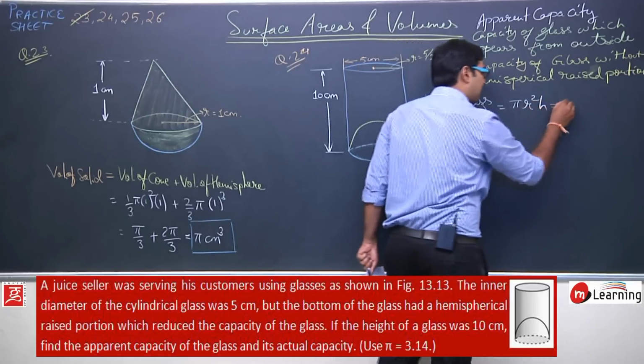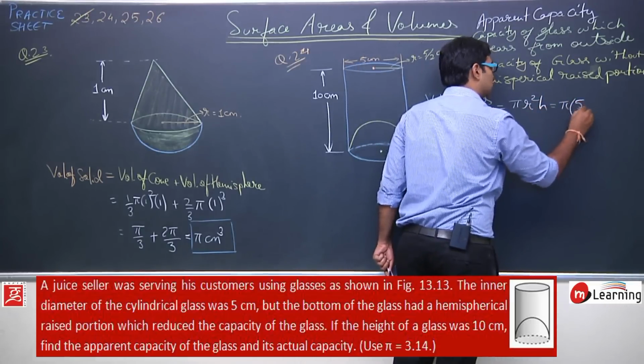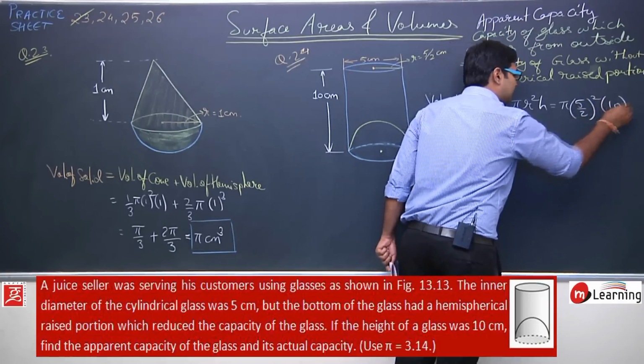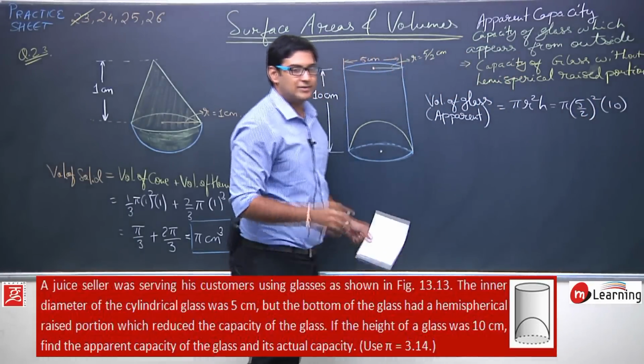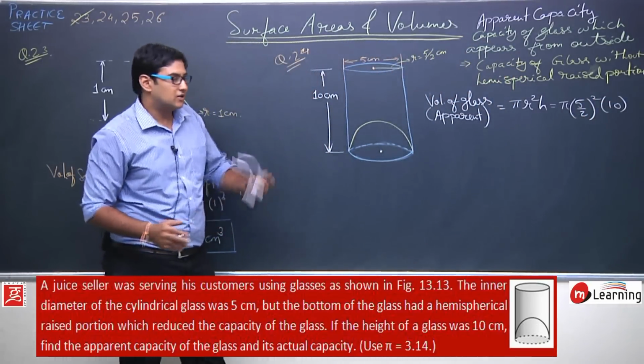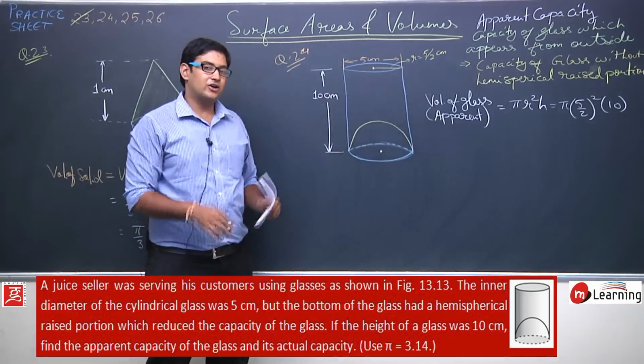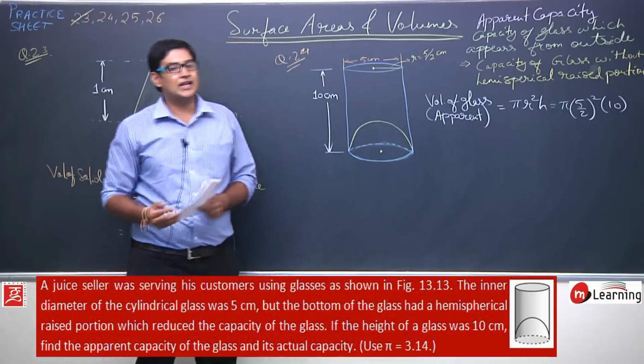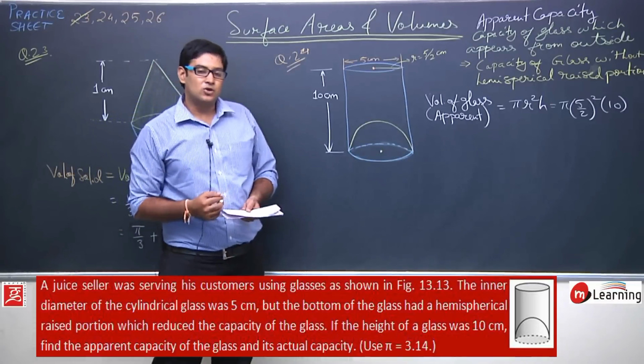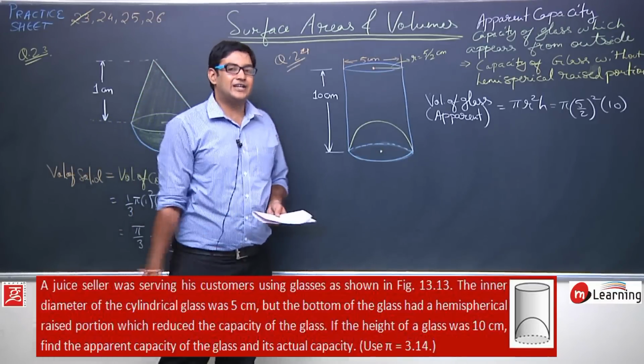That is pi into 5 by 2 square into 10 centimeters. This much centimeter cube is the volume of this glass, or this much ml is the volume of the glass, because previously I have told you that 1 ml is equal to 1 centimeter cube.